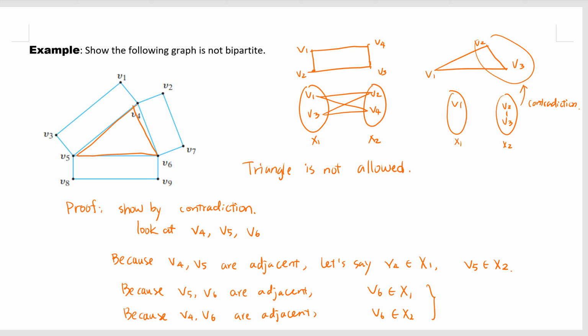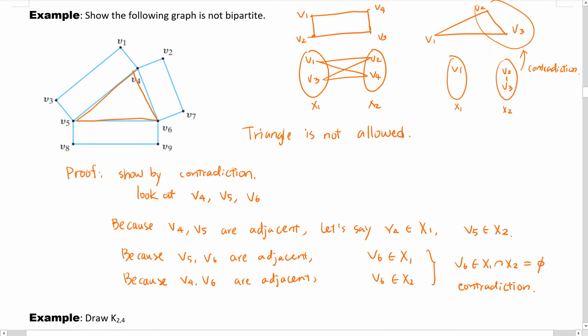Now we have shown V6 is in x1 and x2. This is a contradiction because x1 intersect x2 should be the empty set. They should be disjoint. So that's why we get a contradiction, and therefore the graph is not biparty.